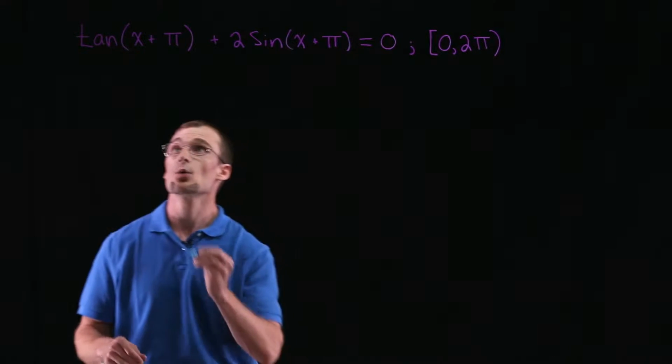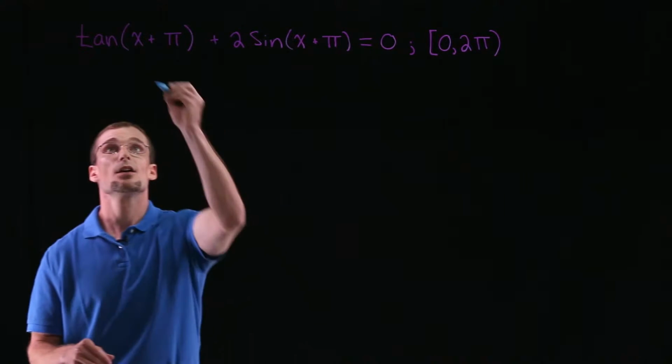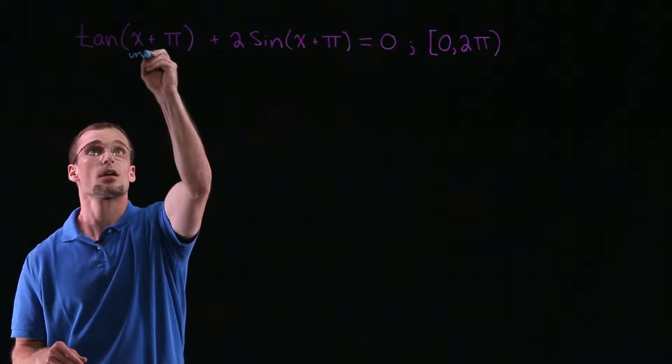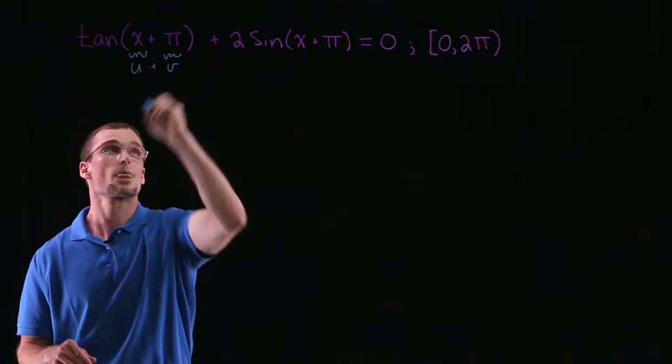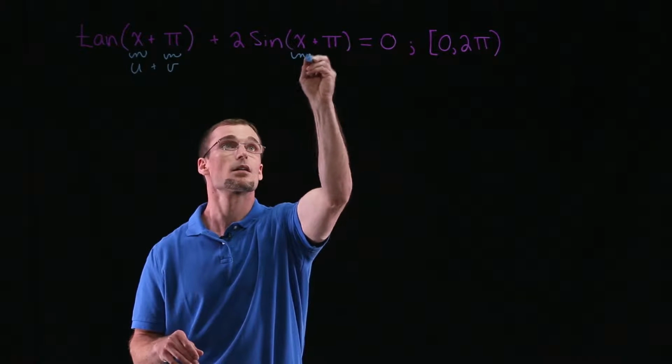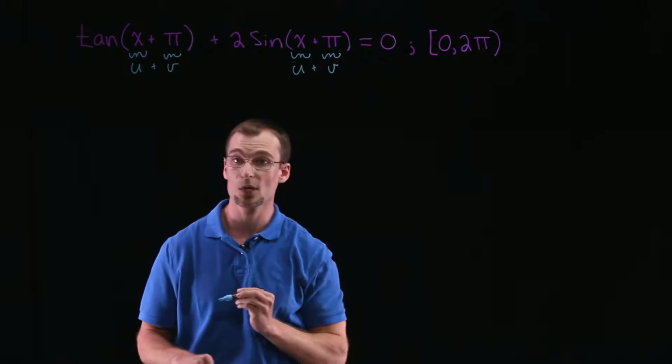Well, we have tangent of x plus pi and sine of x plus pi. So we see the same angles, say u plus v, occurring in both.